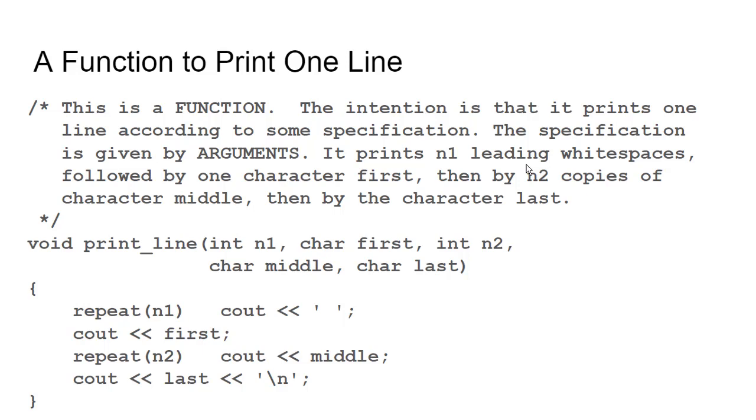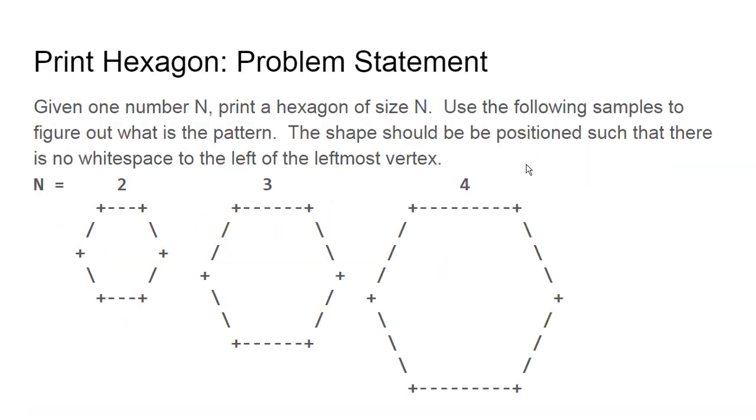The reason we use this particular way to specify a line is that if we look at the figure, we realize a lot of the lines start with some number of white spaces and then are followed by this plus if it's the first line, or by this, and then after that there's some number of another kind of character, and then there's the third kind of character. The lines differ by what character to start with, and what character to use in the middle.